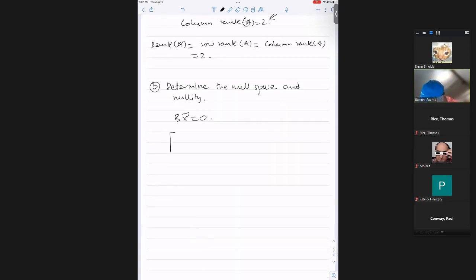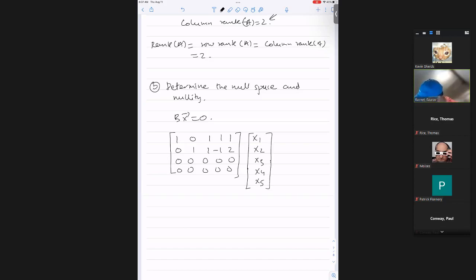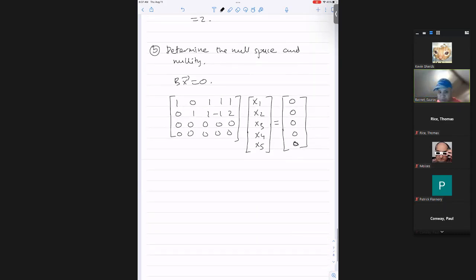So this is 1 0 1 1 1, 0 1 1 minus 1 2, 0 0 0 0 0, 0 0 0 0 0. We have 5 variables: x1, x2, x3, x4, x5, and our right side is 0. This is a little bit tricky. You have to be very careful when you find the null space.